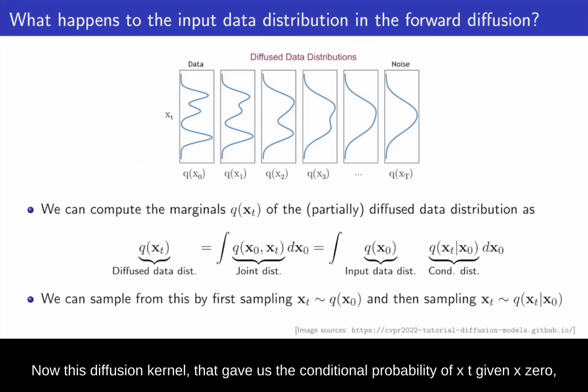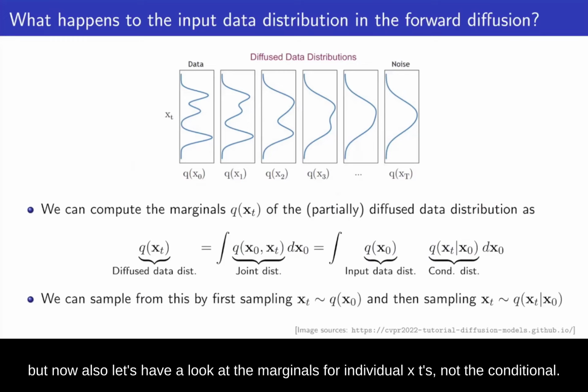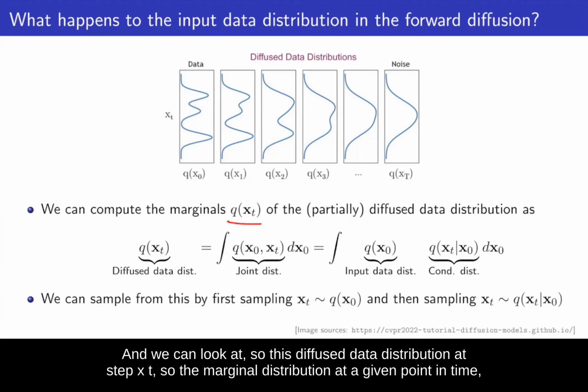Now this diffusion kernel gave us the conditional probability of xt given x0, but now let's also have a look at the marginals for individual xt's, not the conditional. We can look at this diffused data distribution at step xt, the marginal distribution at a given point in time.